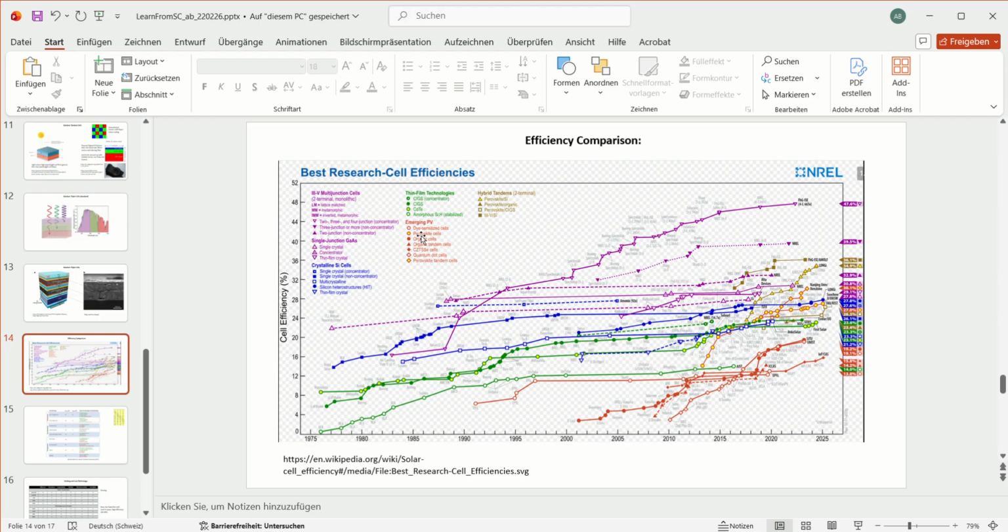And the thin film technologies are shown here, the green ones, and they are almost as good as the crystalline silicium solar cells. And the emerging photovoltaics here work with lots of different mechanisms or substrates, and some of them have improved quite a bit already, like the perovskite cells, perovskite and perovskite tandem cells.